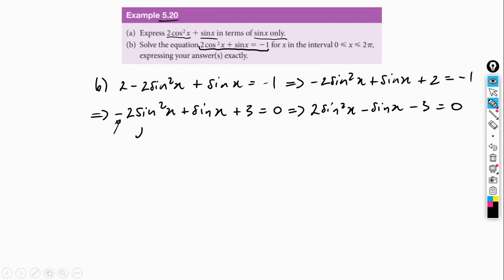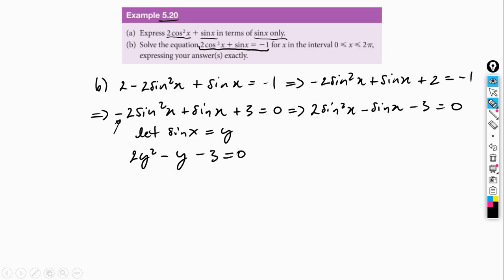We can say let sine of x equal y, and we can rewrite this expression or equation as 2y squared minus y minus 3 is equal to 0.